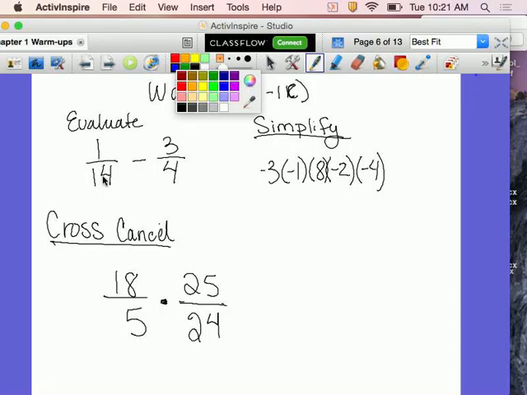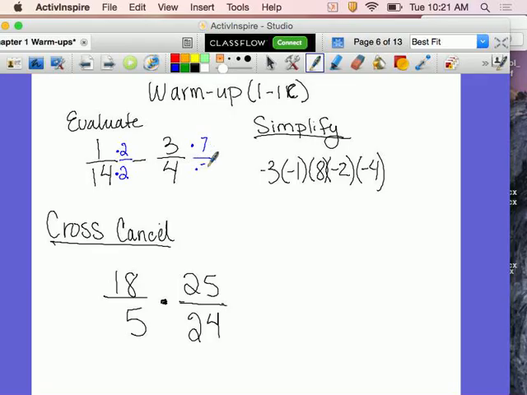So the first one is a review problem. We're just evaluating a subtraction problem, so we need to keep in mind that we need a common denominator. With 4 and 14, I know my multiples of 14 are 14, 28, and I can stop there because I know 4 times 7 is 28. So 2/14 times 2 over 2, and 3/4 times 7 over 7 to make a common denominator.